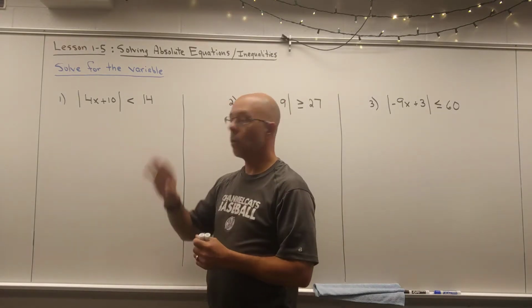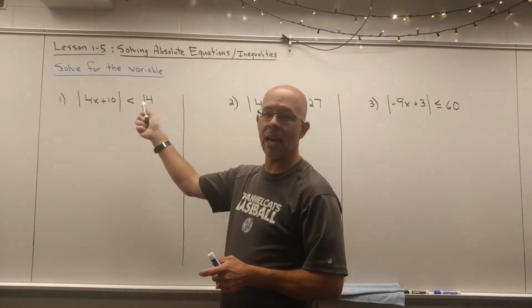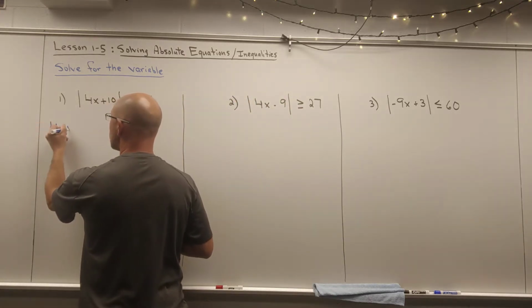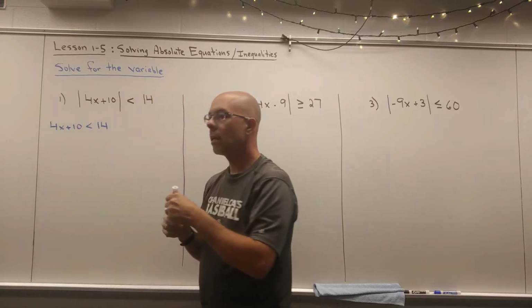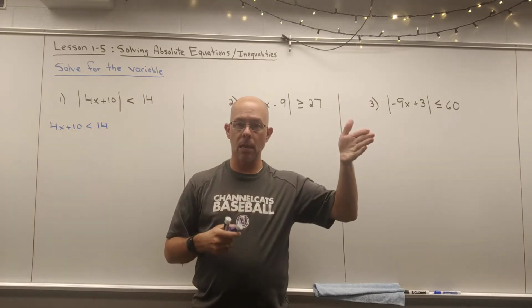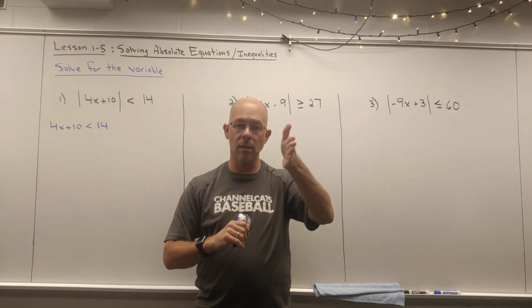So right away, we go to our 2 problems. The first problem is as is: 4x plus 10 less than 14. If you consider 14 being here, and my face is 0, I'm trying to get less and towards it.